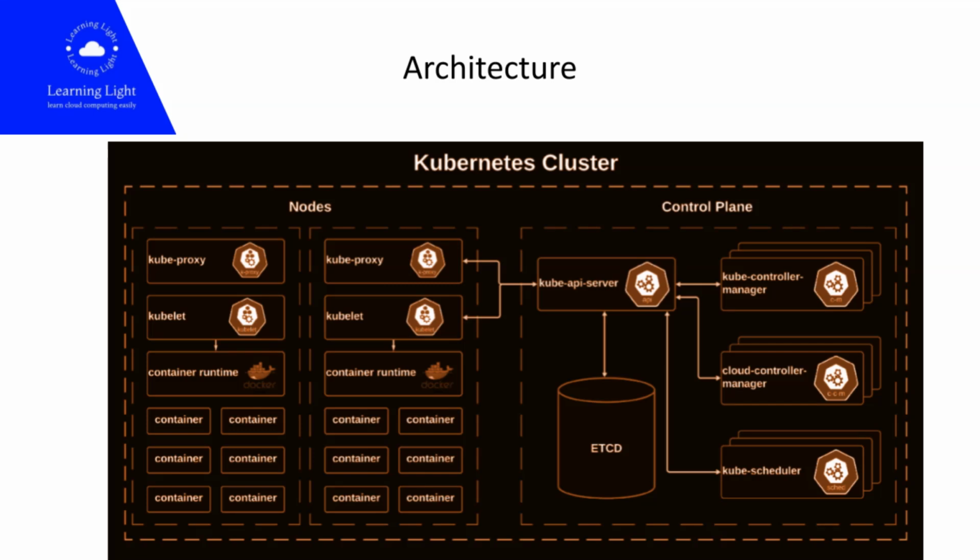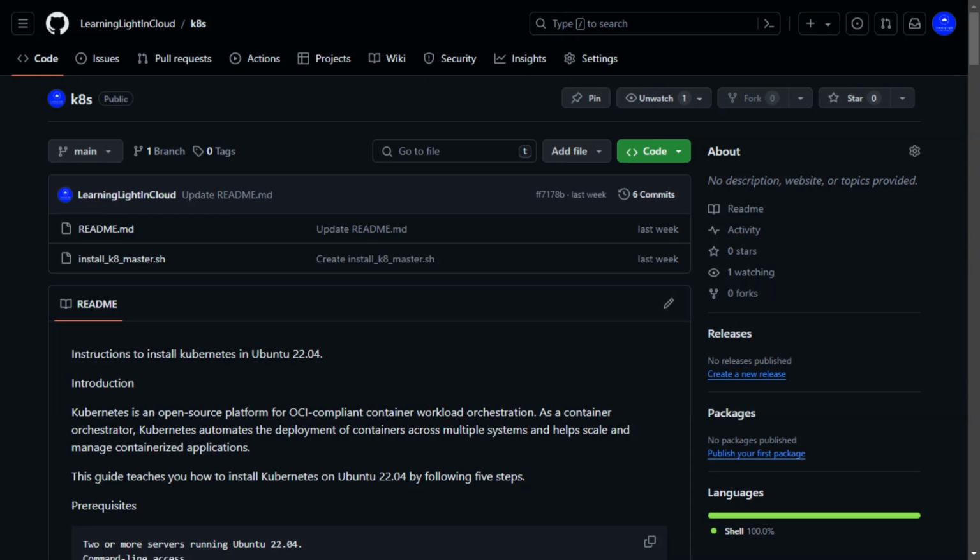We deployed one node as master and one node as worker, and we set up the Kubernetes cluster. We followed the GitHub repository of Learning Light K8s, that is Kubernetes, and the instructions given there, and we set up the Kubernetes cluster.